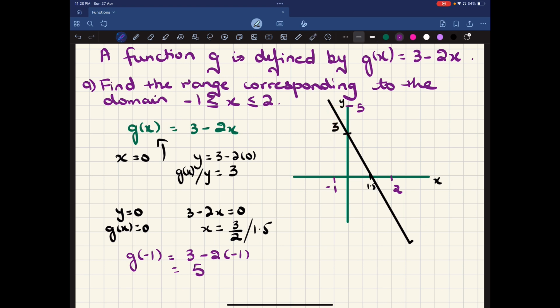And when x is equal to 2, the function gives us -1. So this is going to be -1.